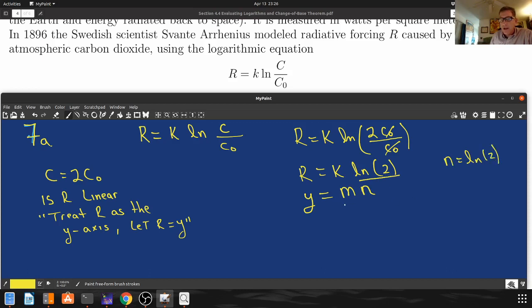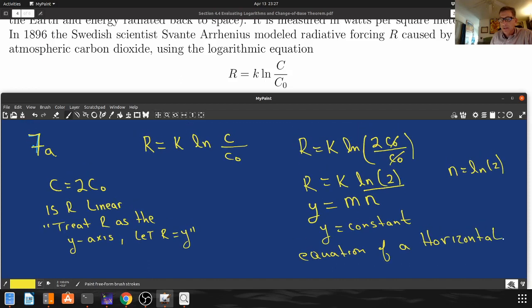So if y is equal to a constant, what type of line is that? Well, that's the equation of a horizontal line. I probably shouldn't have used M for K. Sorry about that if that was confusing.